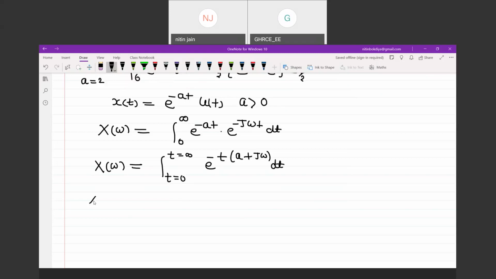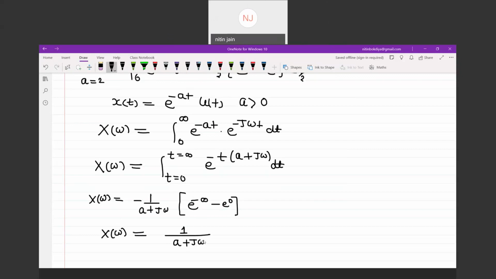So x of omega equals minus 1 divided by (a plus j omega) into e to the power minus infinity minus e to the power 0. And we know that e to the power minus infinity is 0. So x of omega is given by 1 divided by a plus j omega. That is the result.